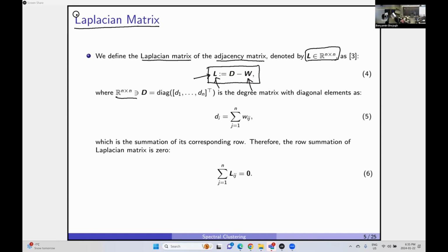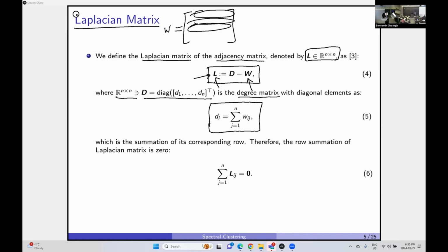And what is D? D is a diagonal matrix, which is called the degree matrix. Its ith diagonal element is this. Di is the summation of wij over j. Basically, Di is the summation of the ith row of W. So let me say, assume this is my W. It has some rows, agreed?